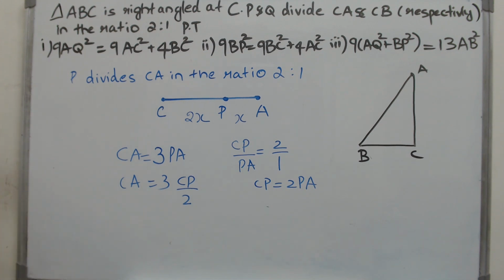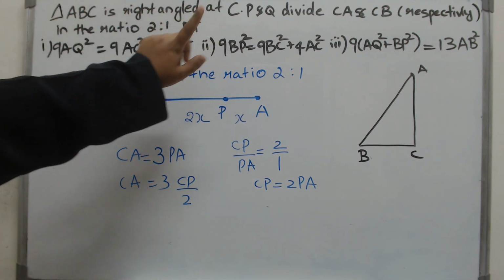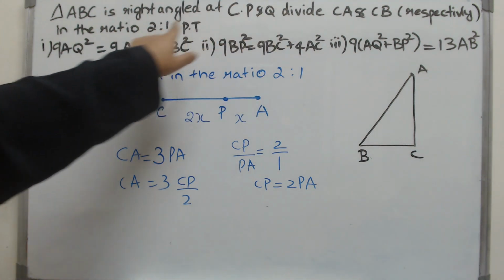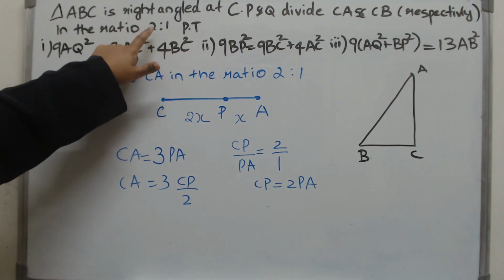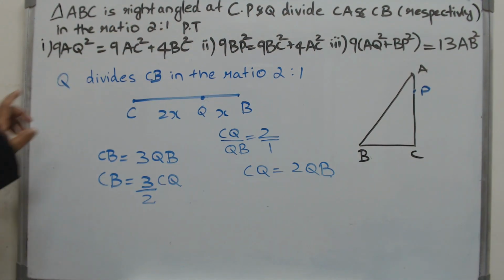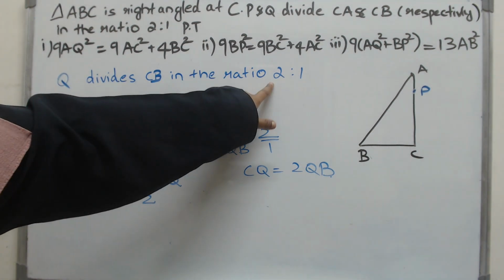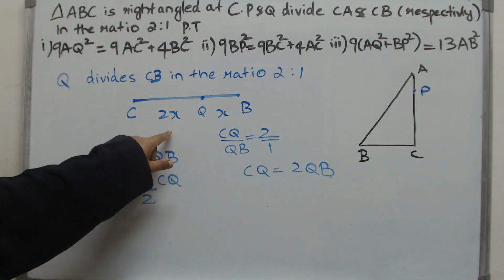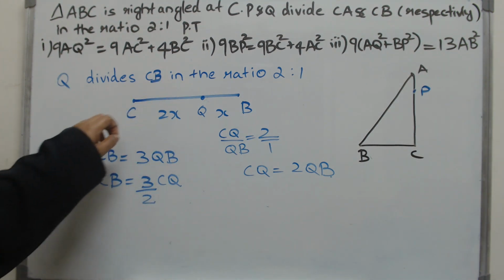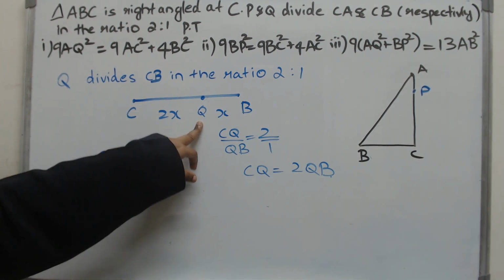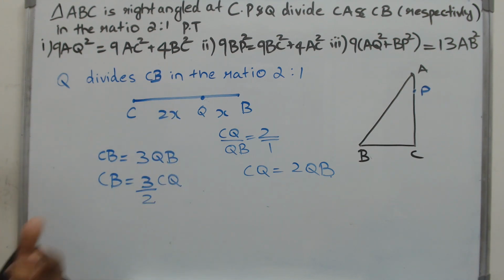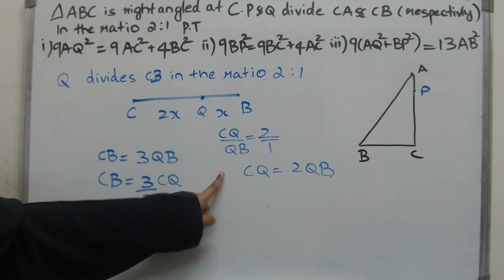Similarly, what does Q do? Q also divides CB in the ratio 2:1. How will that look? If you want to see the situation with respect to variables, then this is how it looks. But if you like dealing with ratios, then this is how it looks.